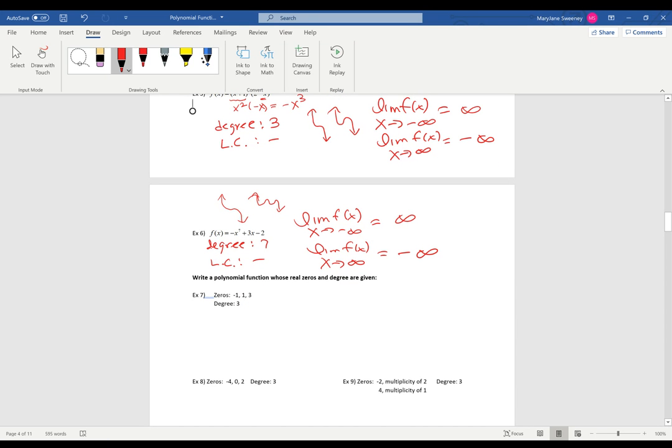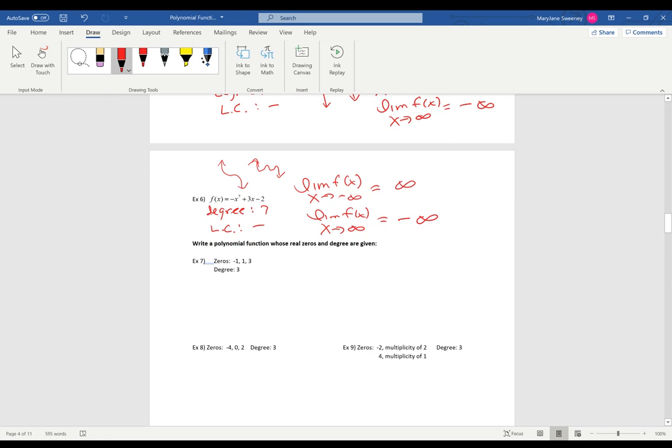Okay, write a polynomial function whose real zeros and degree are given. So they're telling us it's a degree 3, and those are the zeros. Well, if you think of how you would solve a polynomial function, normally you would have something set equal to 0, and you would take the factors, like to get x is negative 1. We got x is negative 1, we got x is 1, and we got x is 3.